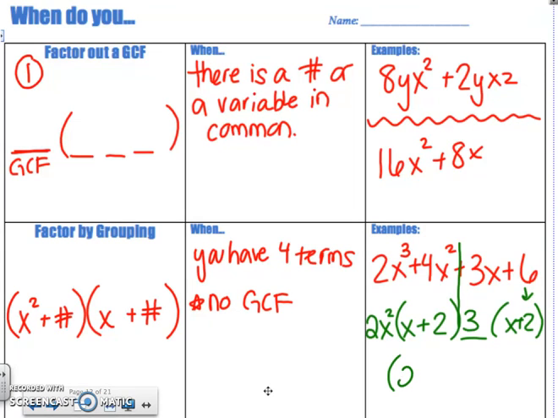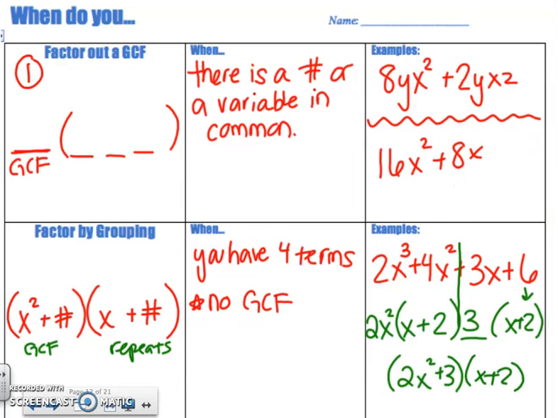And then again, you write your answer 2x squared plus 3 in one parenthesis. So you could even say these are your GCFs, parenthesis, and this is the parenthesis that repeats. Okay. So again, that is when you can factor by grouping.